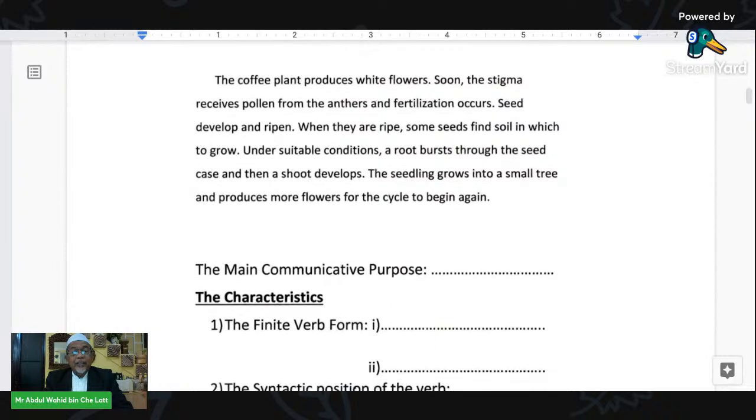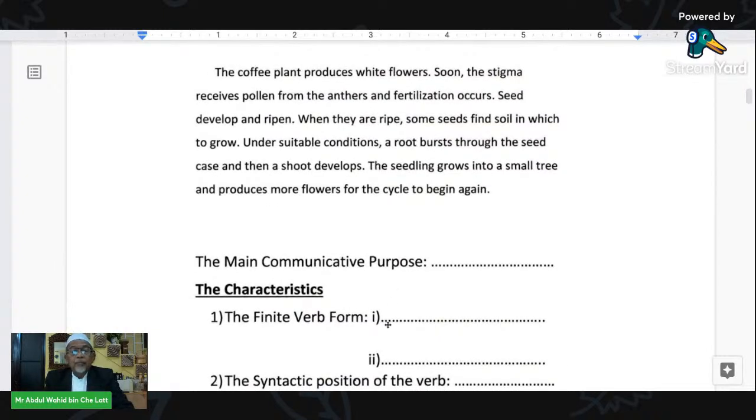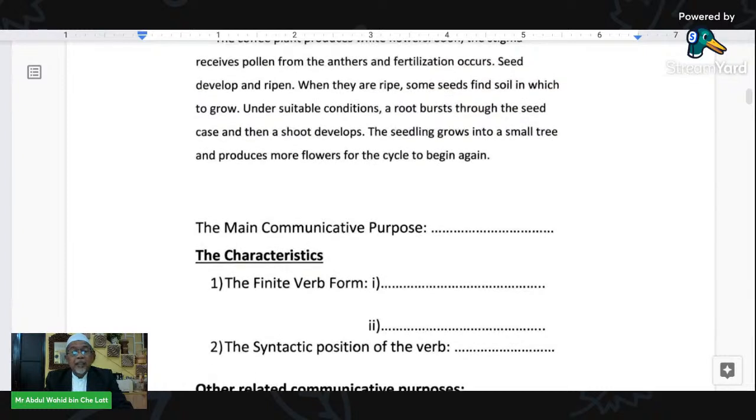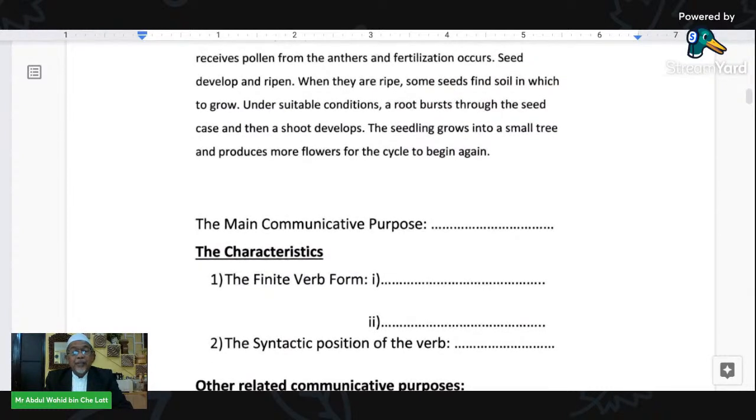Okay, the characteristic, the finite verb form: simple present, in bracket, dynamic, with S or without S. For example, we have produces, produce plus S, and develop and ripen without S. Okay, the syntactic position of the verb. Okay, position after the subject.